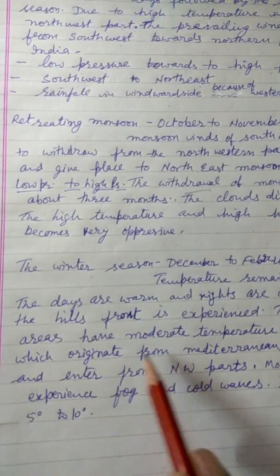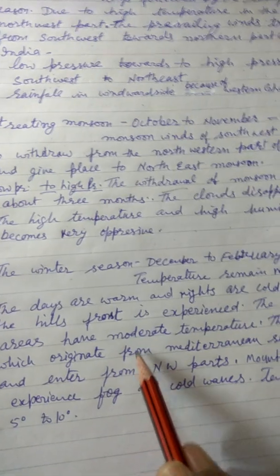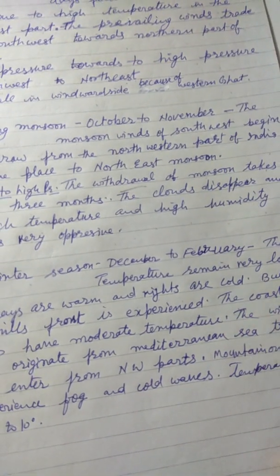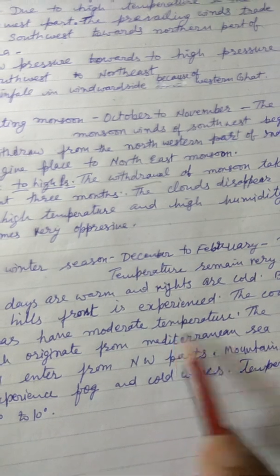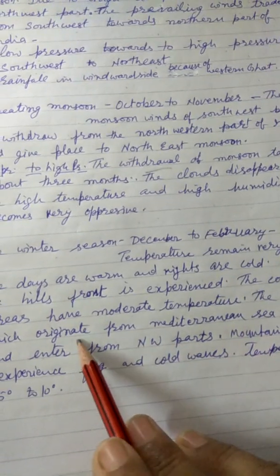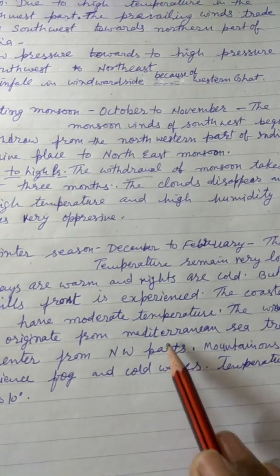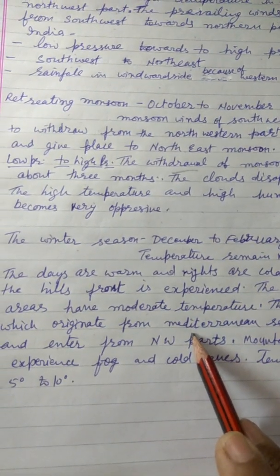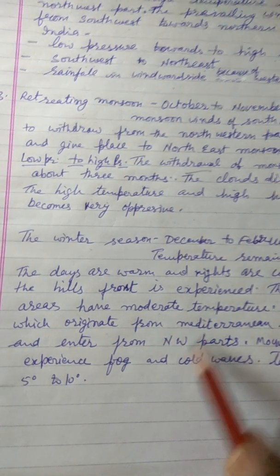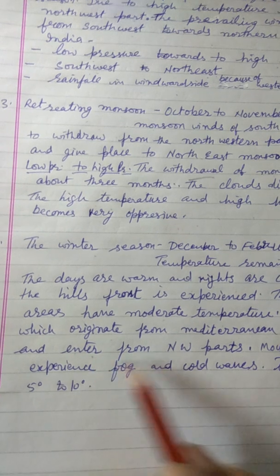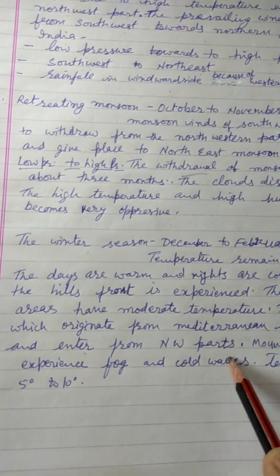But the southern part has a moderate temperature, and the southern part and coastal area have a moderate type of climate. The winds from the Mediterranean Sea also give us cool temperature in the northwest part.